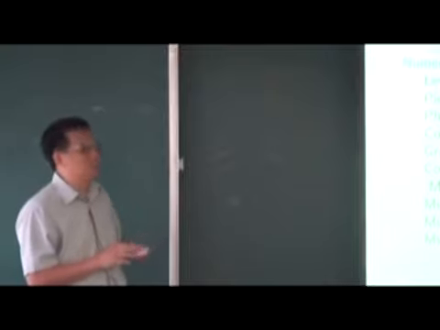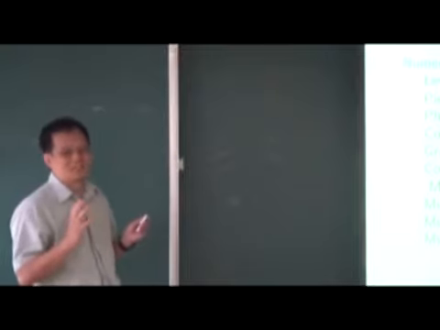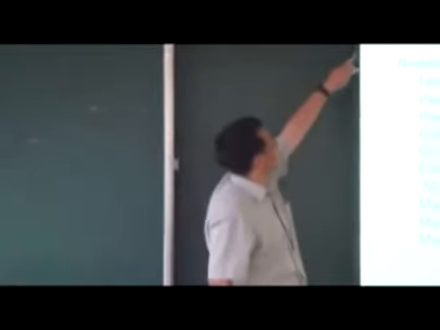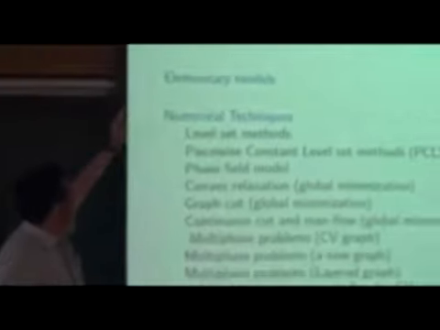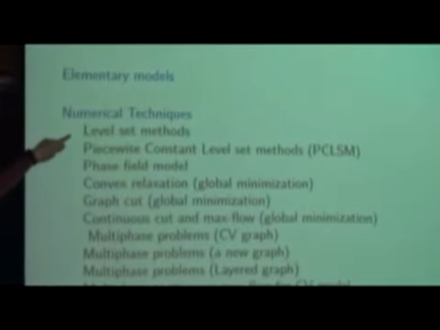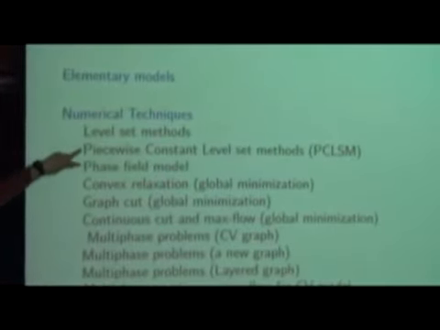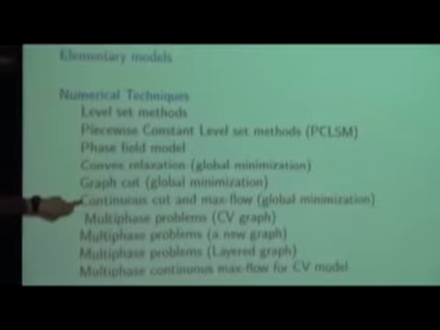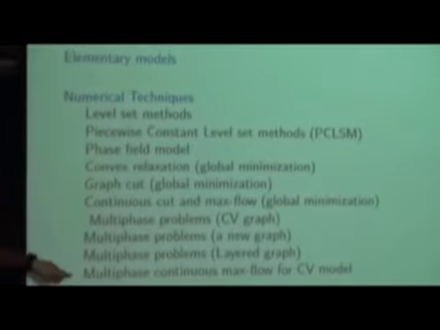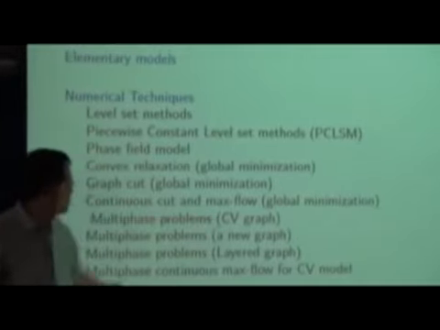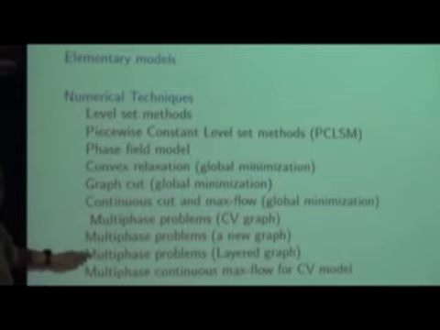Everything we talk about here uses segmentation as an application. We first go through the elementary models, and then we will talk about level set methods. Most probably we'll skip those two and go to convex relaxation, graph cut, and continuous max flow. And here's multi-phase: multi-phase transverse, multi-phase layered graph, and even continuous max flow.